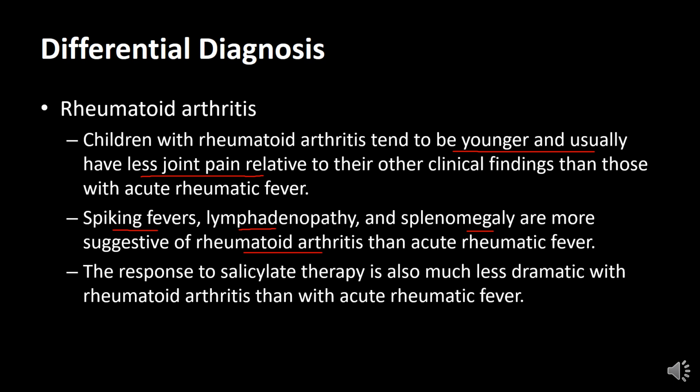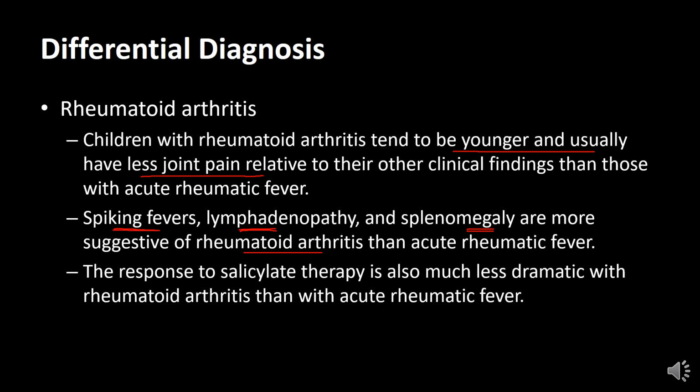Remember, in acute rheumatic fever, we did not talk about spiking fevers. We only said that the fever will be present especially at the onset of illness. We did not see any lymphadenopathy. We did not see any splenomegaly. Okay? So when you see these, and then of course the joints involved are smaller, and the child is younger, it will highly suggest rheumatoid arthritis.